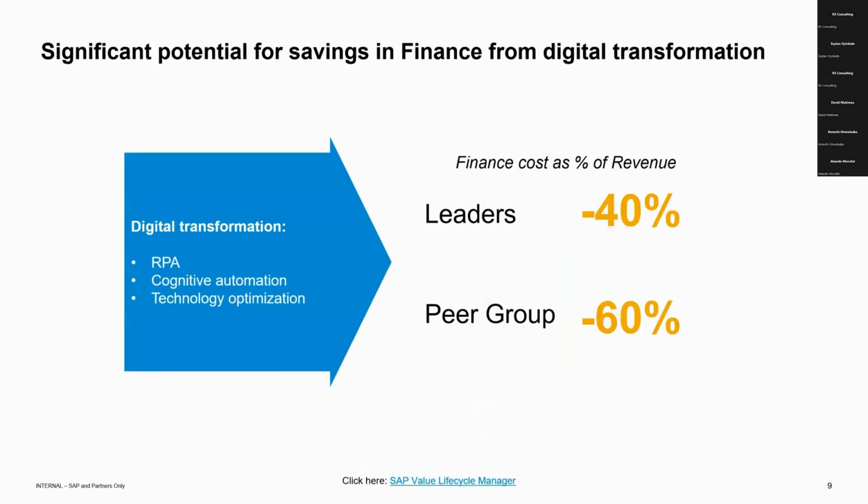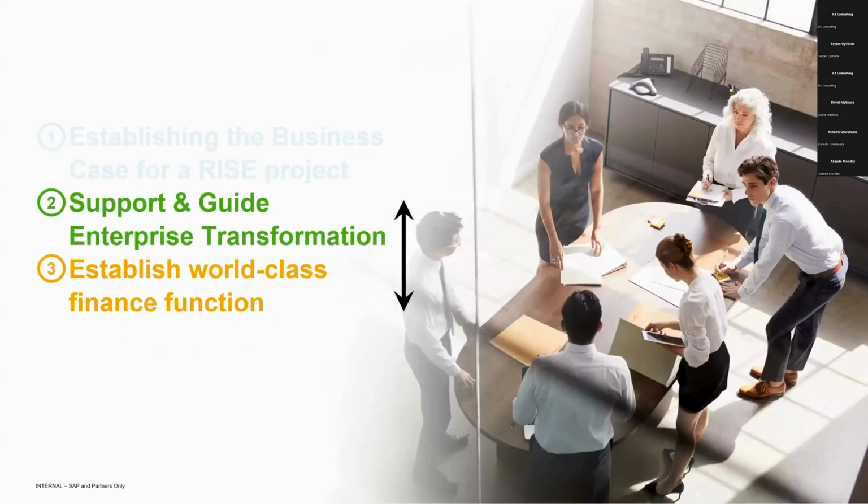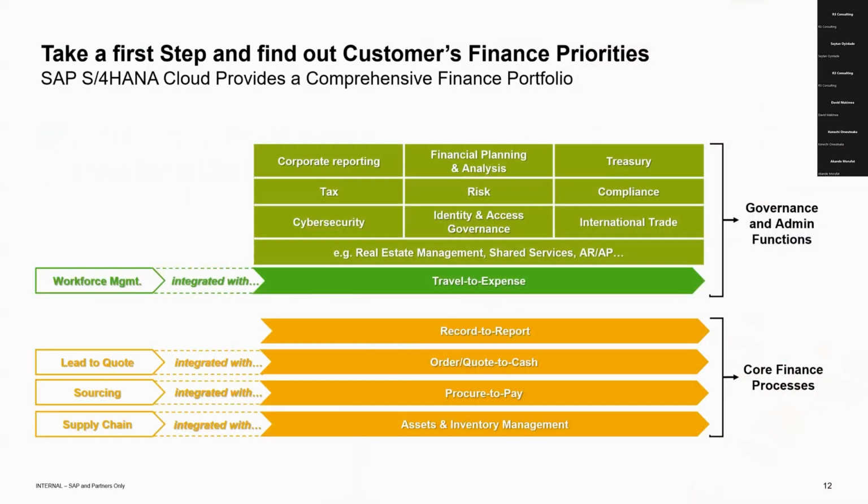Now, if you look at the functional scope, what is covered in SAP S/4HANA Finance? For those of us attending who are finance people or have one or two things to do with the finance unit of your organization, you agree with me that this is a complete coverage for finance.